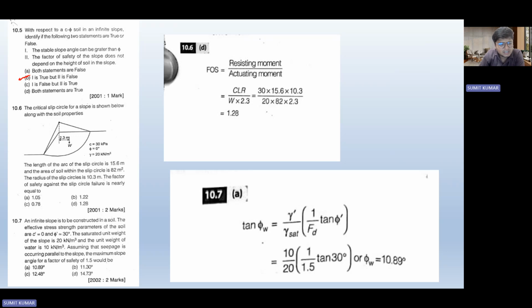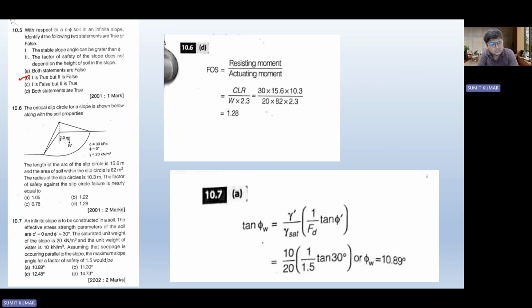Next question is again similar to the very first question, in which the circular slip circle of the slope is shown in the figure along with the soil properties. The length of the arc is 15.6 meters, so L is already given, and there is no need to calculate R theta because theta is not mentioned here. The area of soil is given as 82 meter square because weight is not given.